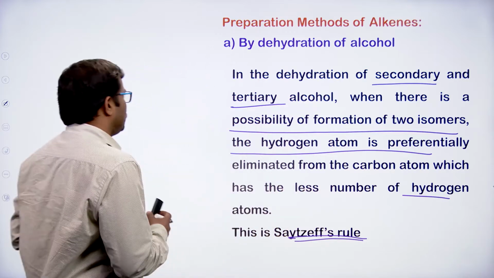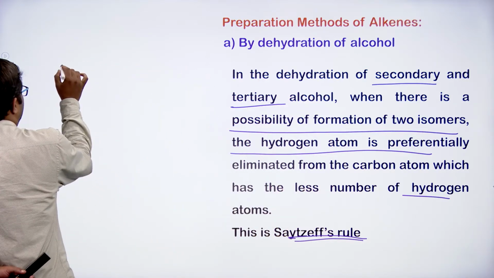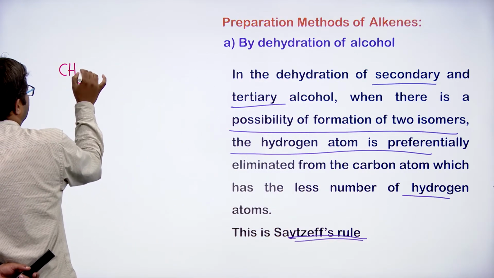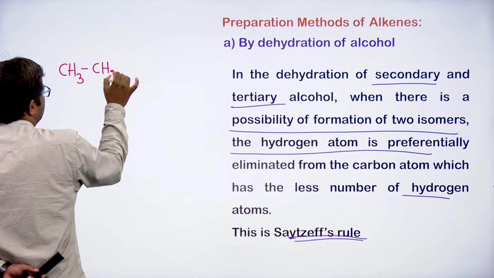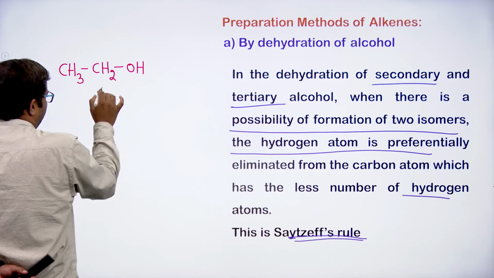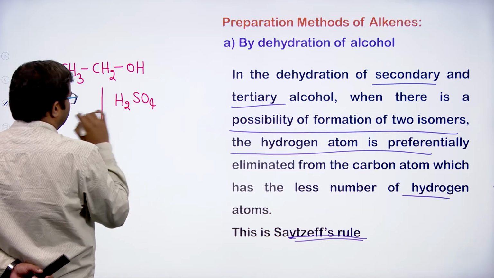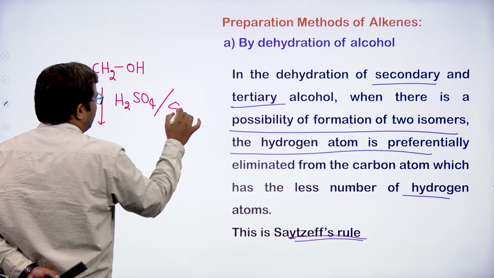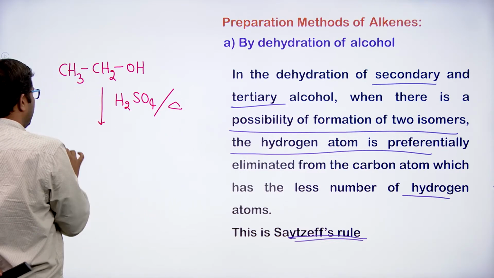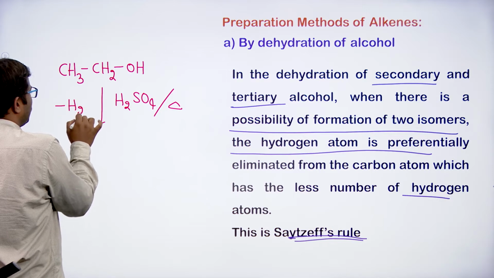First let us discuss how the dehydration is going to take place. For example, if we start with CH3CH2OH, ethyl alcohol. Ethyl alcohol on reaction with sulfuric acid under heating conditions is going to lose one water molecule.